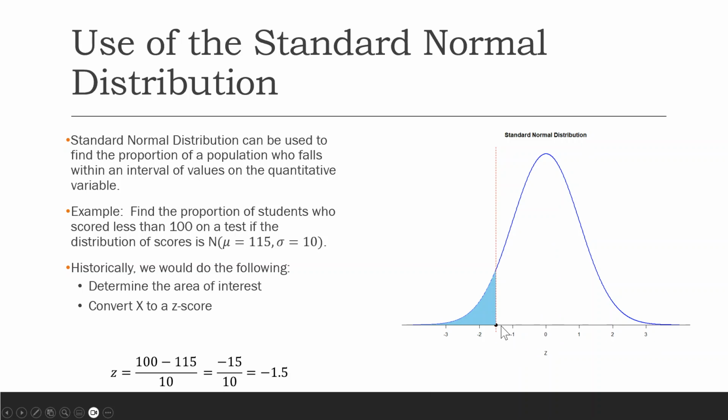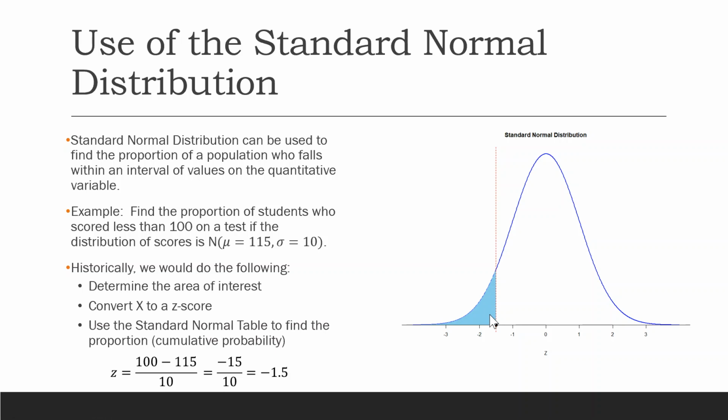I plotted the z-score that corresponds to my value 100, which is negative 1.5, and I have my area under the curve that I'm interested in. This area comes from the standard normal distribution, and traditionally we would go to a table known as the standard normal distribution table to find this exact probability. I would go to that table, identify negative 1.5, and that table would tell me what that probability is.